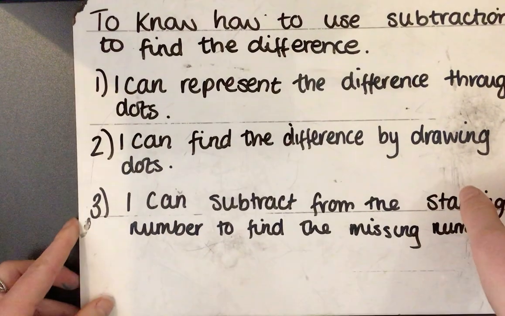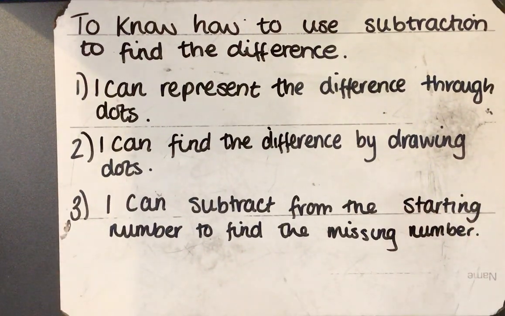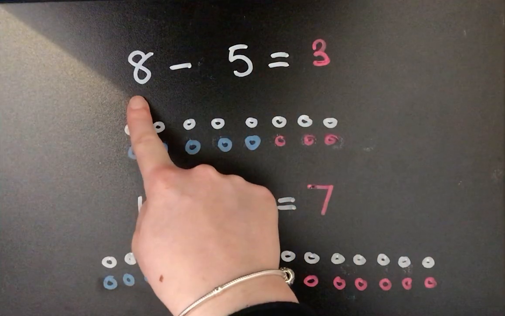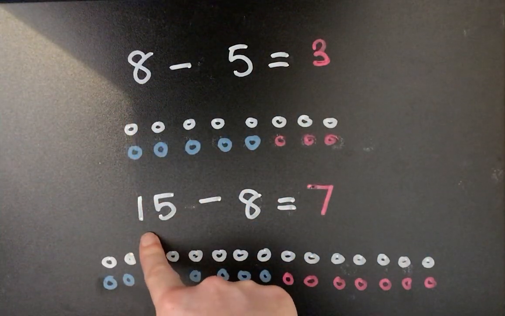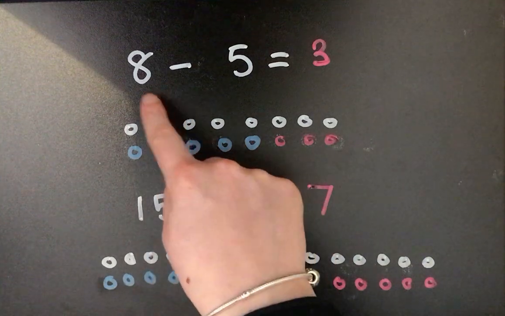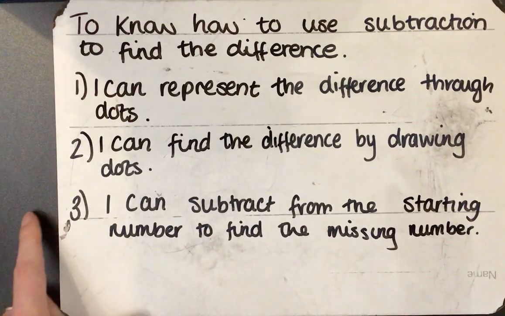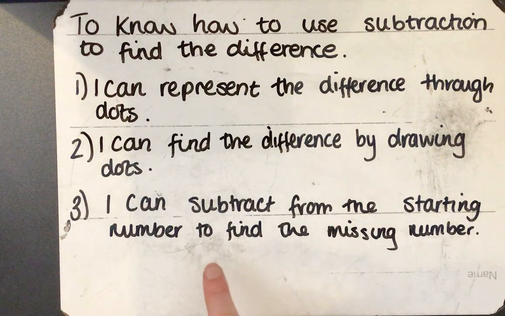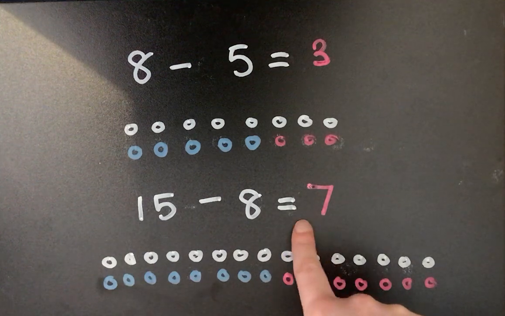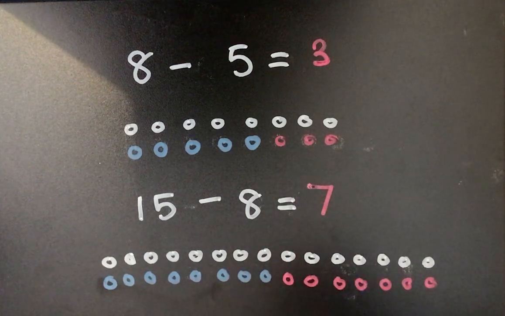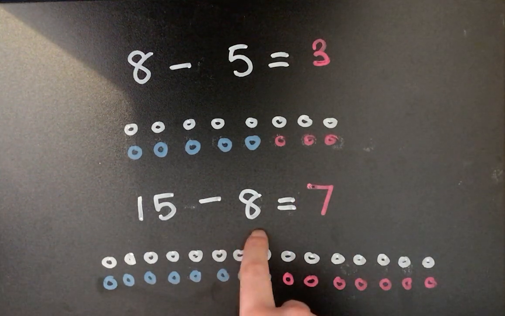And number 3, I can subtract from the starting number. Remember, we said the starting number was our biggest number, which in a subtraction question always comes first. And I can find the missing number. Well, in the questions that we've done, the missing number was the answer over here. But remember at the beginning, I said your missing number could be this one here.